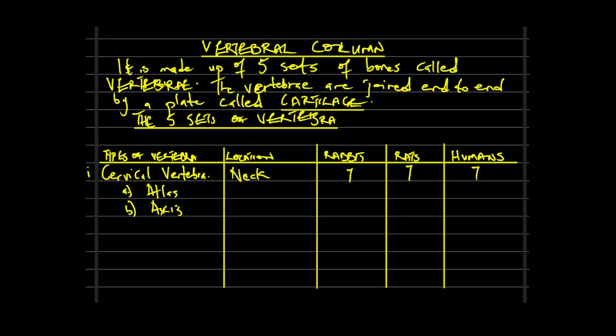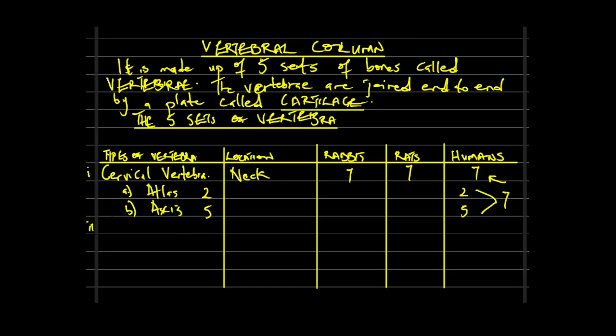For example, the atlas is 2 and the axis is 5 in humans. So 2 and 5 make a total of 7. This is the 7 that we now have here. So that is how we have it in the cervical vertebrae.